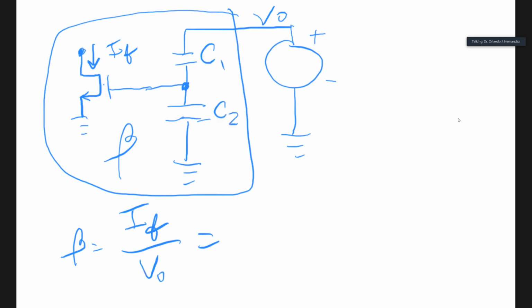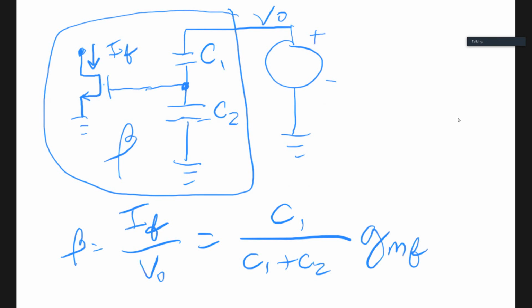So for a capacitor divider, what we're going to get is C1 over C1 plus C2, and that is going to divide the effective gm that we see in the feedback network, which is gm for the feedback transistor.